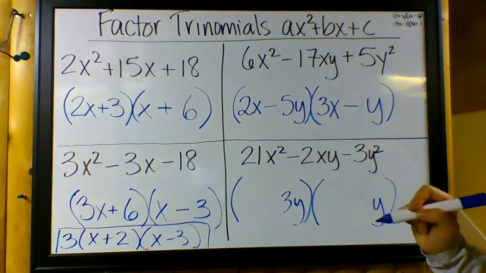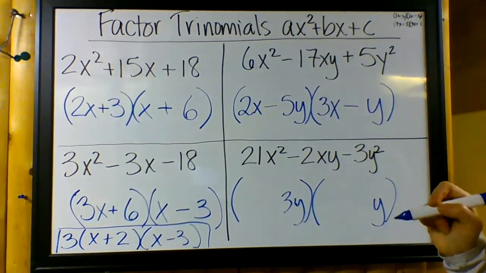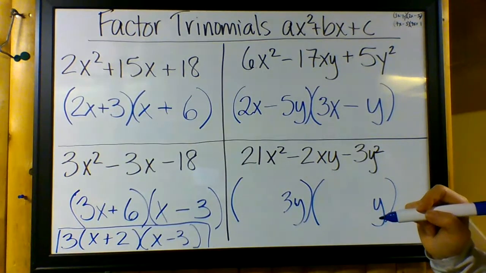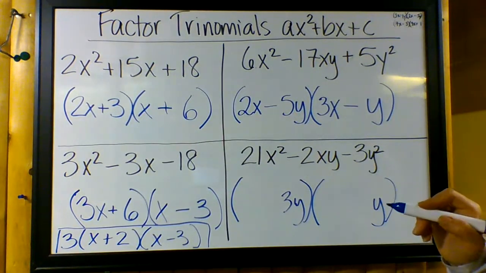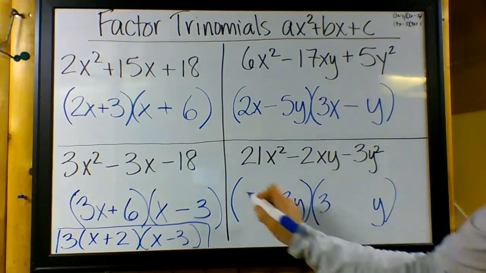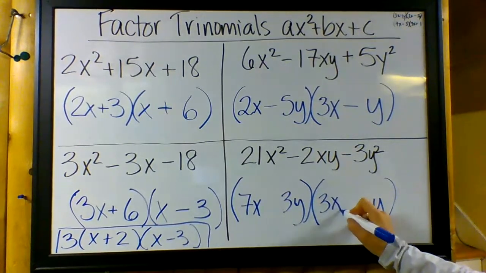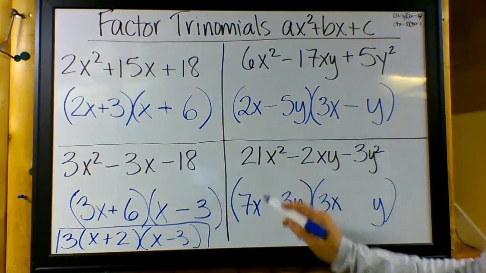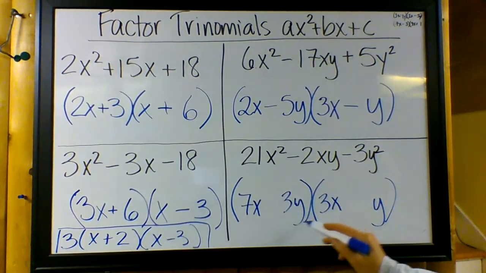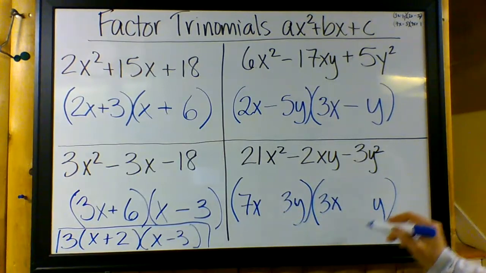I've got 21x squared here, so I need factors of 21 that are going to work with this. Let's see, 7 and 3 might work. I'm seeing a 7 and a 3. And I need an x and an x. So this is going to give me 9, and this is going to give me 7.